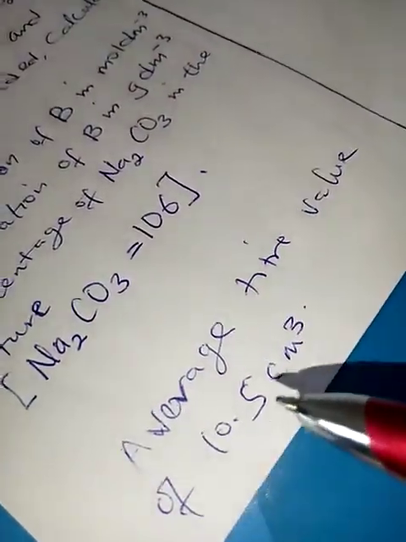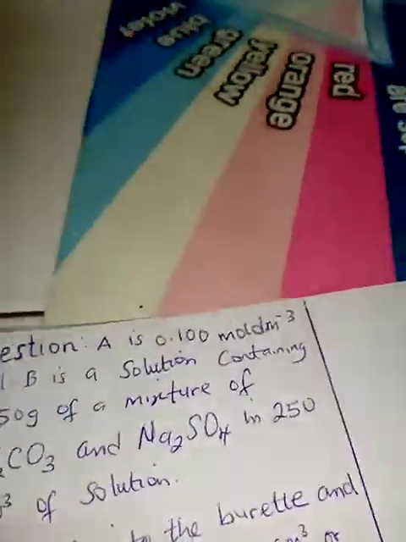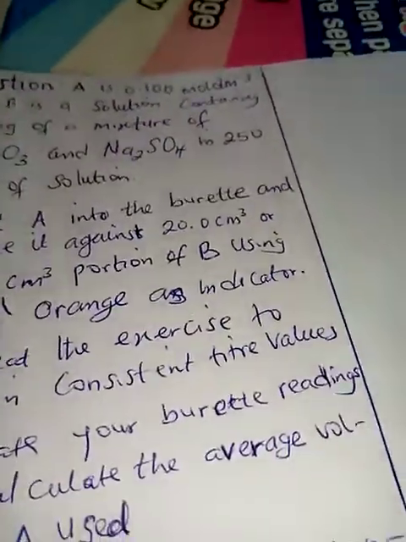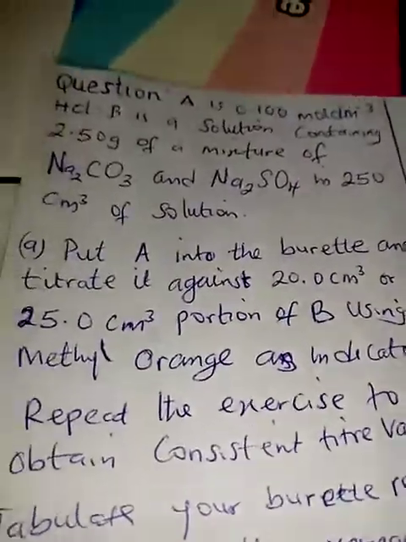So what am I going to do? If I'm choosing an average titer value of 10.5 cm cube, I will try as much as possible to manipulate this value to form a table for myself. So I'm going to do this.